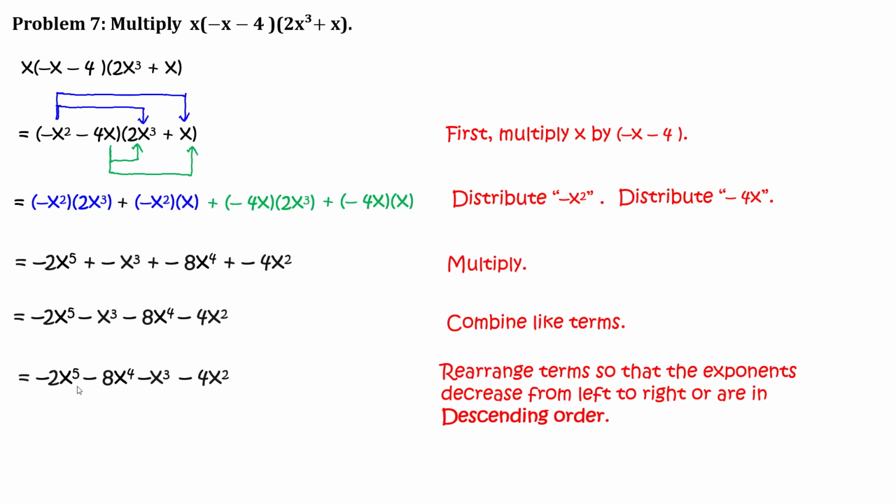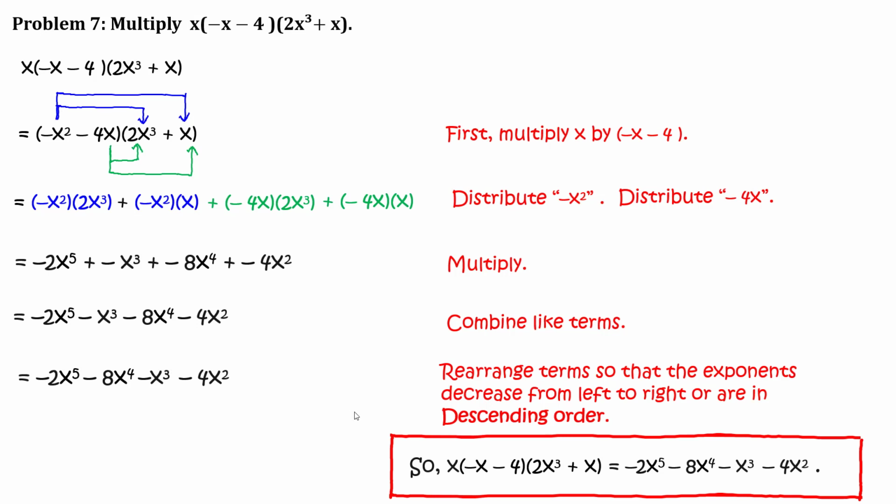So negative 2x to the fifth minus 8x to the fourth minus x cubed minus 4x squared. So x times the quantity negative x minus 4 times the quantity 2x cubed plus x equals negative 2x to the fifth minus 8x to the fourth minus x cubed minus 4x squared.